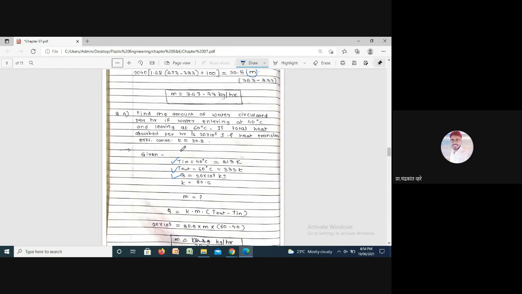Initially, if you see here, they have not directly given Q. They have not given the heat extracted or heat removed. They have given M, L. Here they have directly given the term Q. After that, K is a constant 30.5 and this is M we have to calculate.